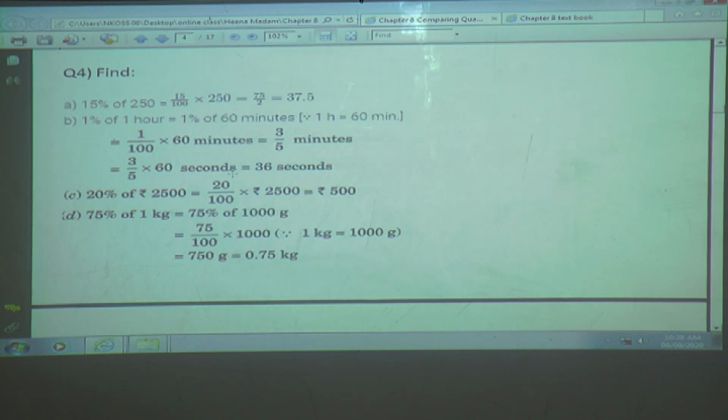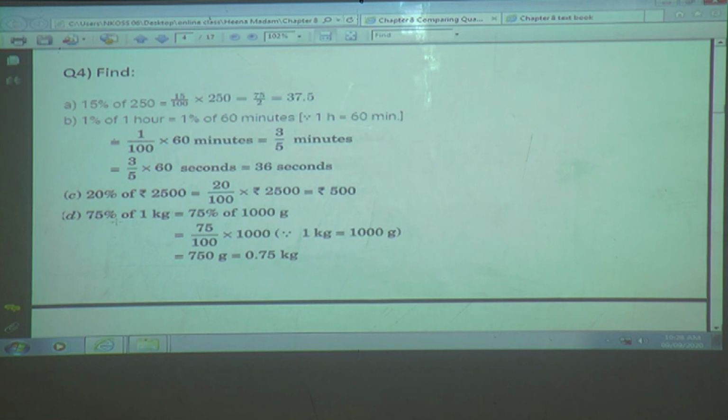Here try to reduce. Here 0 gets cancelled, here 0 gets cancelled. It's very easy. So here is 25 and here will be 20. 20 multiplied by 25: 25 2s is 50, and one more 0 gives 500 rupees. So 20% of 2500 is 500. In this way we can solve it.